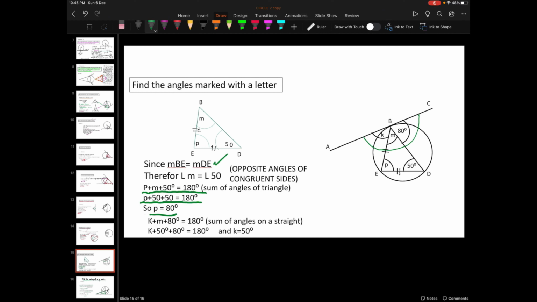But the value of M is 50 degree. So substitute in the equation. We have K plus 50 plus 80 degree is equal to 180 degree. Or K is equal to 180 degree minus 130 degree, and K is equal to 50 degree.